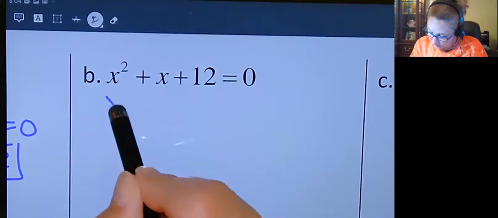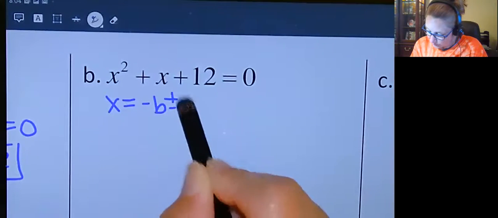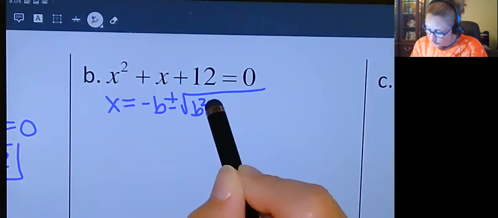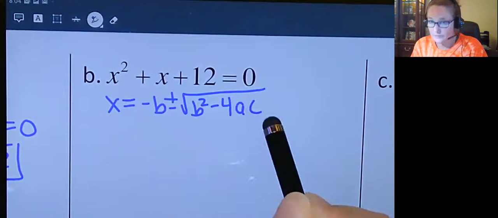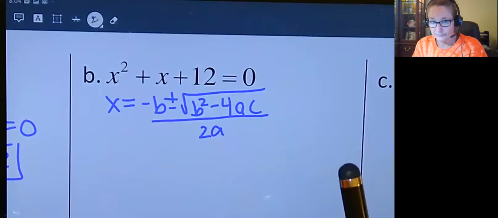And the formula is x equals -b plus or minus the square root of b squared minus 4ac all over 2a.